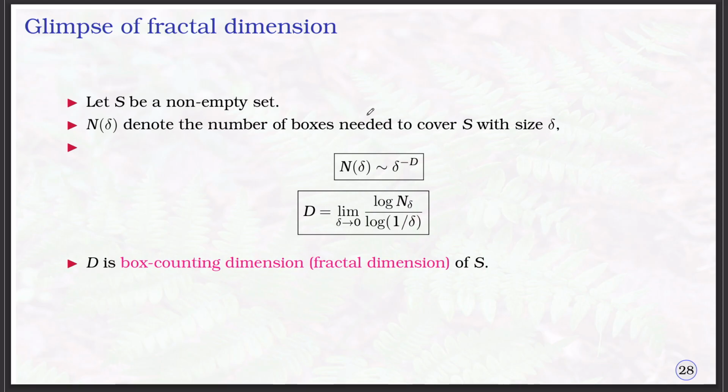You can take the set S, assume that this set is embedded in some space E, then find the box counting dimension D of this set S and find the box counting dimension of this embedded space E. Whenever the fractal dimension of the set is strictly less than the embedded space dimension, then we can call this object a fractal object.